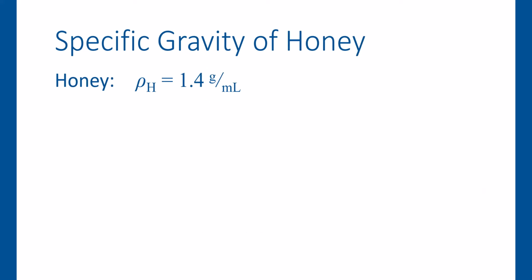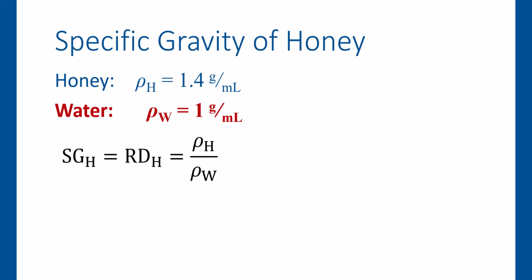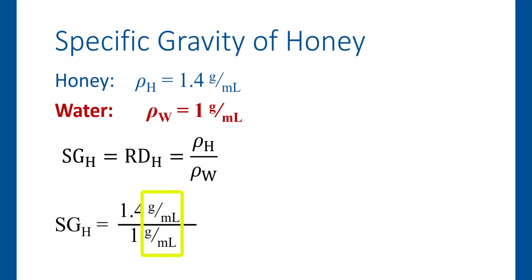The density of honey varies a bit with the variety, but is usually around 1.4 grams per milliliter. We find the density of water in those same units, 1 gram per milliliter. We divide to get the specific gravity. Since the units are the same, they cancel, leaving the specific gravity of honey as the unitless and dimensionless number 1.4.